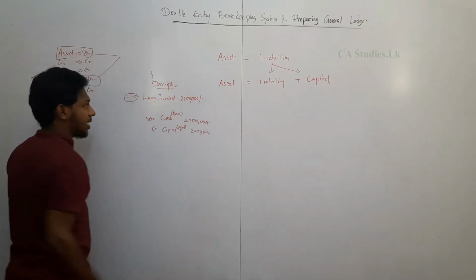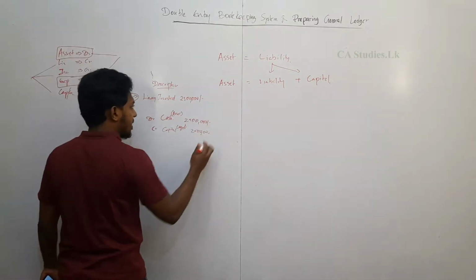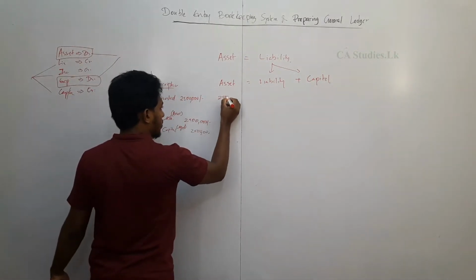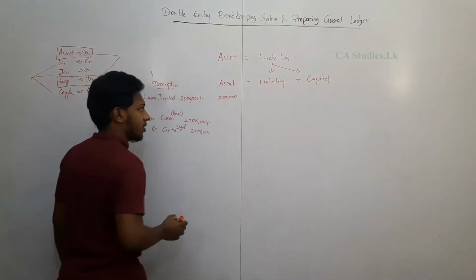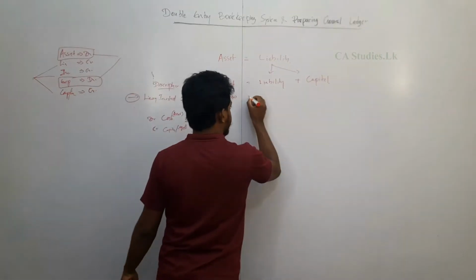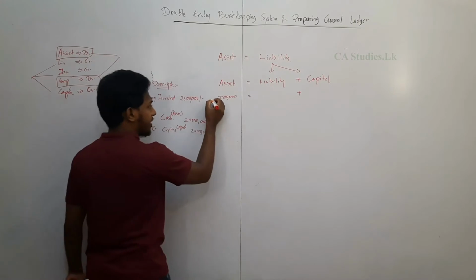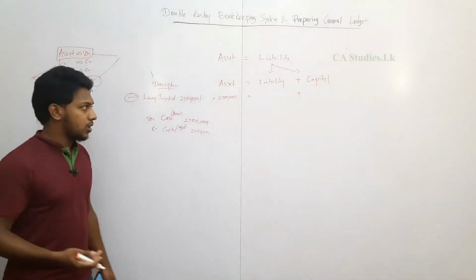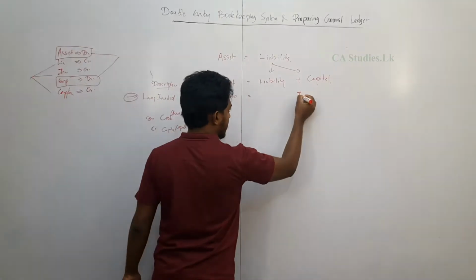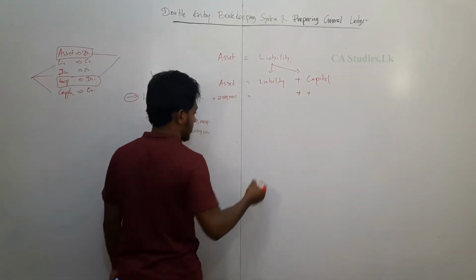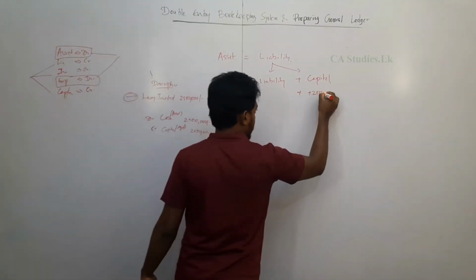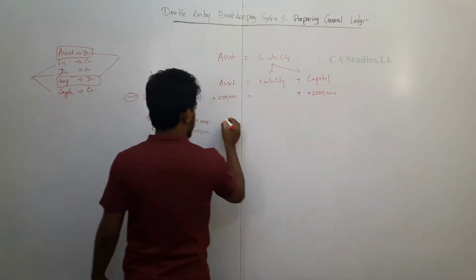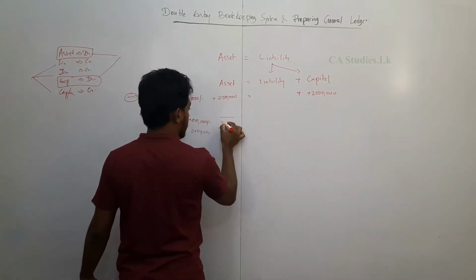Now asset increases by 2.5 million. Now if it increases always put plus, if it reduces always put minus. Here plus capital. So plus increases how much? 2.5 million. Now tally.